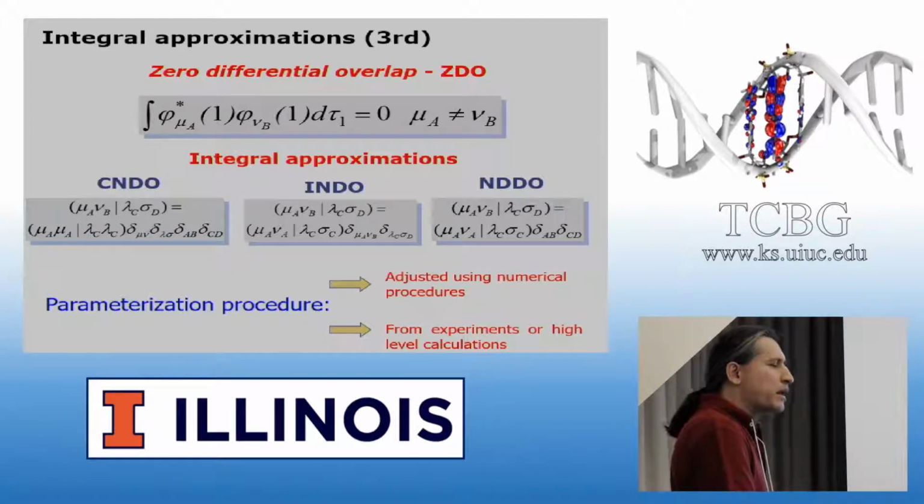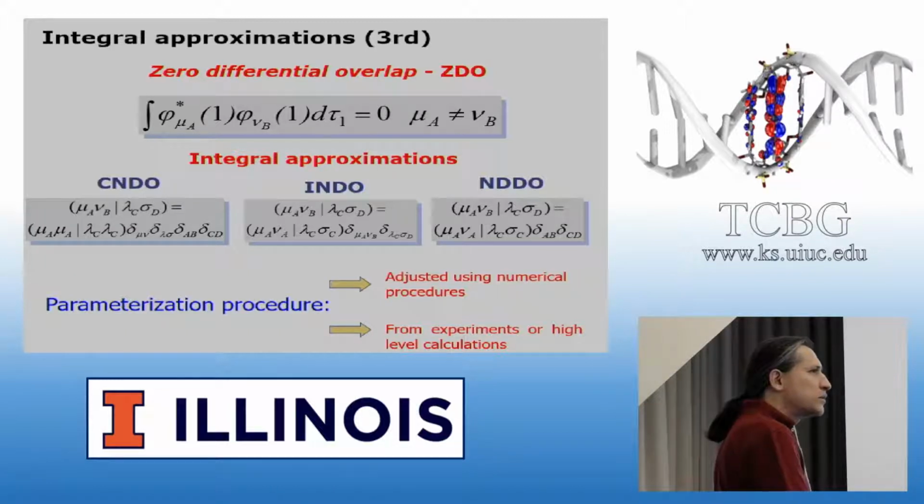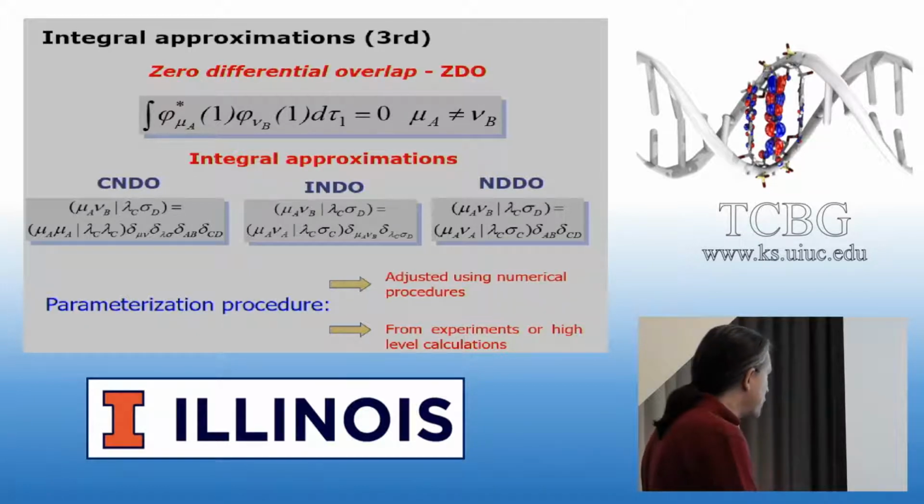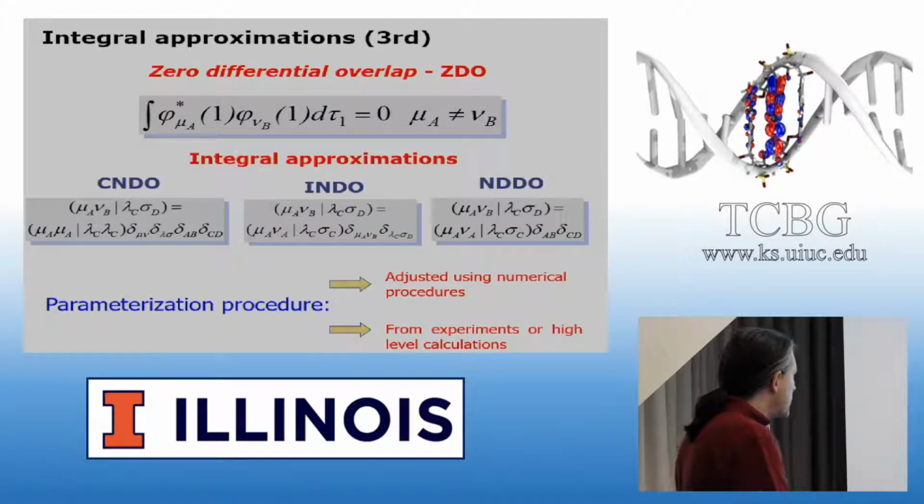The first semi-empirical methods contain this type of approximation. You have an intermediate approximation. The name is INDO, intermediate neglect of differential overlap.